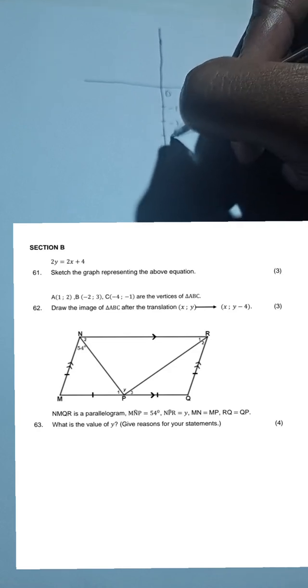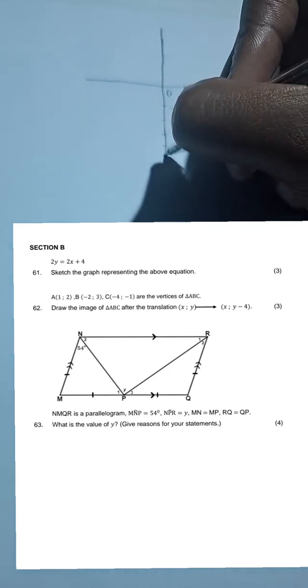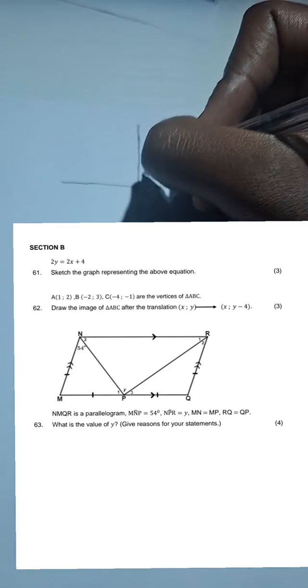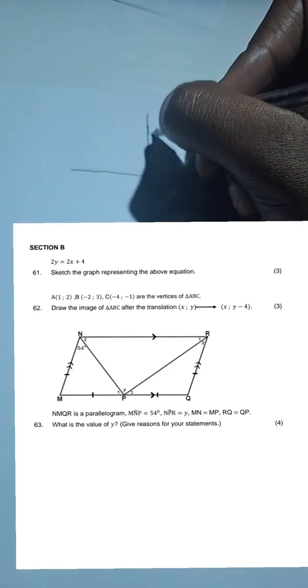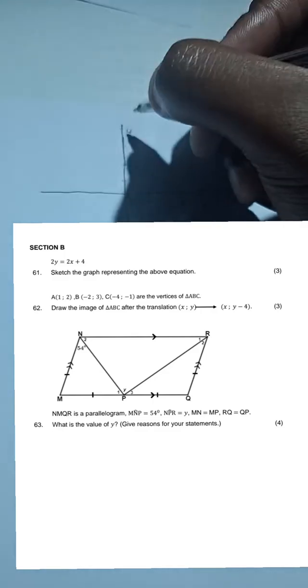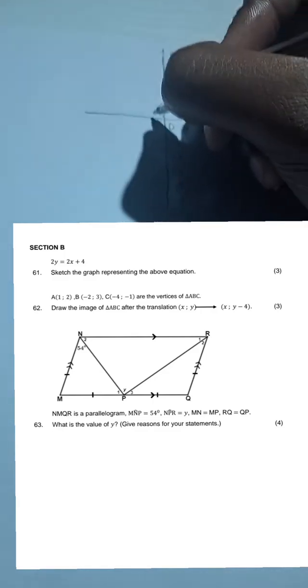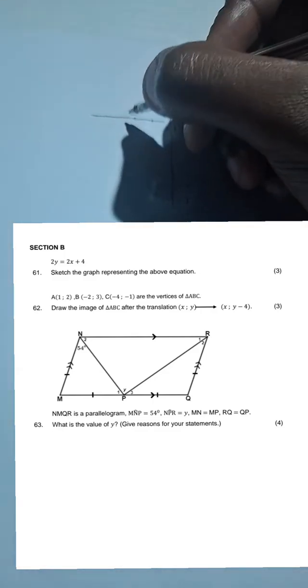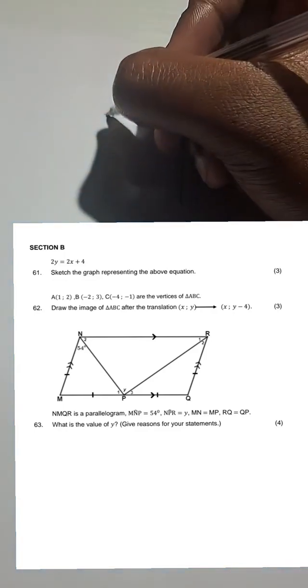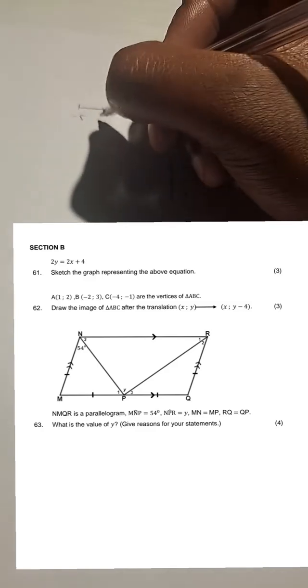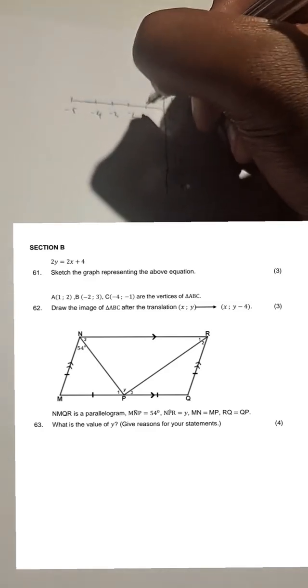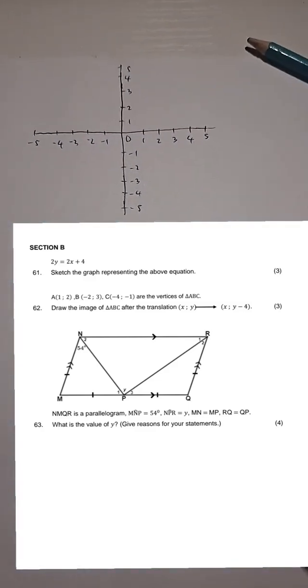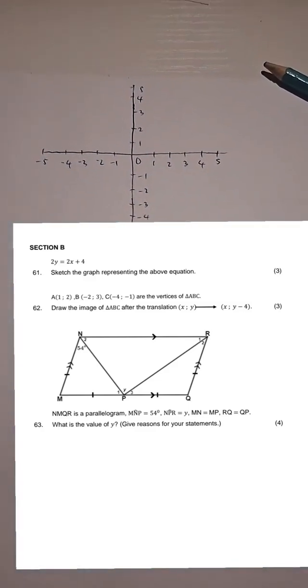Negative 1, negative 2, negative 3, negative 4, negative 5 here, 1, 2, 3, 4, 5, and then this side, same thing, negative 1, negative 2, negative 3, negative 4, and then negative 5. So that's my Cartesian plane.